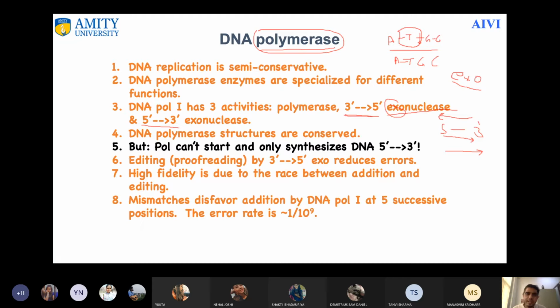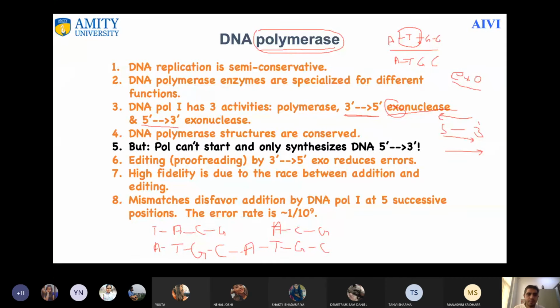Like if you see here, we are talking about A, then T, then G, C, A, T, G, and C. Now the complementary is going to be G, C, A, and G, C, A, and T. So these are joined, joined, joined, joined.